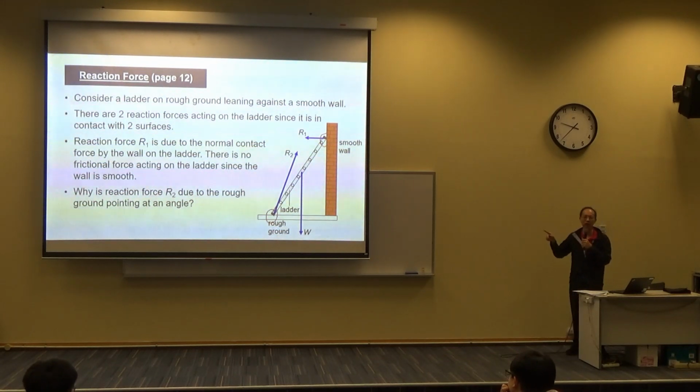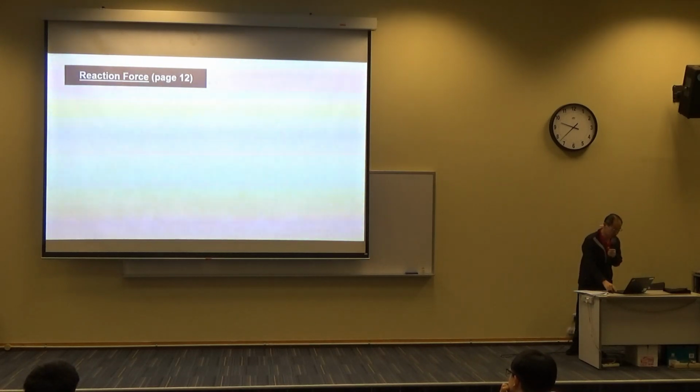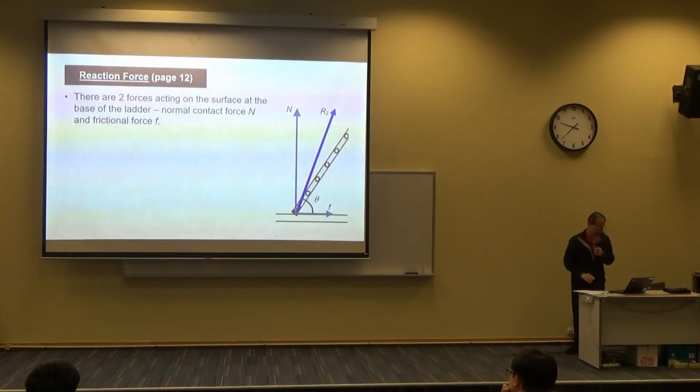If you look at the ground, if you analyze the reaction force, it points at a funny angle. So those of you who know, this is not just the normal contact force alone. So let's analyze this in greater detail. So when you have this setup, friction must play a part.